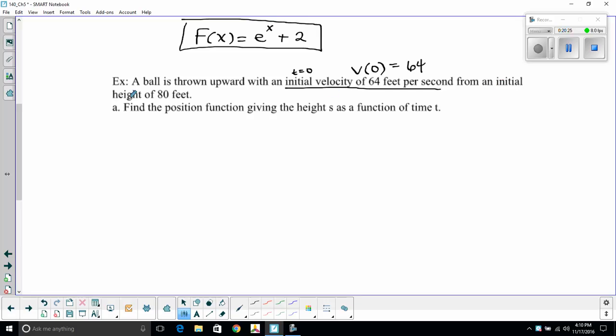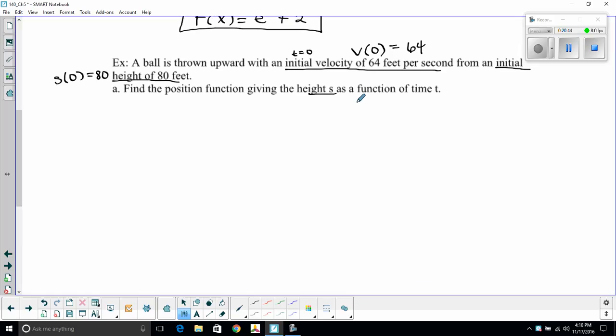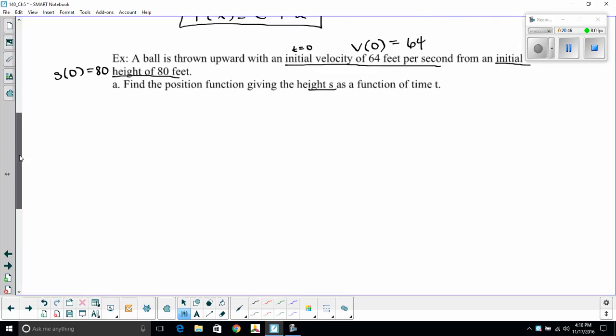From an initial height of 80 feet. Well, generally the height function is called s for some reason. Okay, so that's s of 0 equals 80. Find a position function given the height as a function of time.